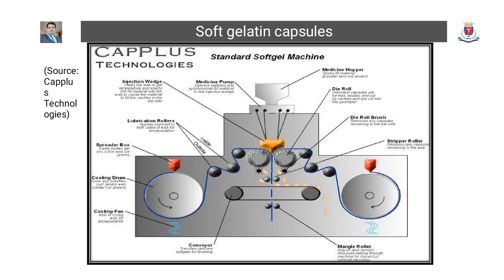The sealing of the capsule is achieved by mechanical pressure on the die rolls and the heating at 37 to 40 degrees centigrade of the ribbons by the wedge.